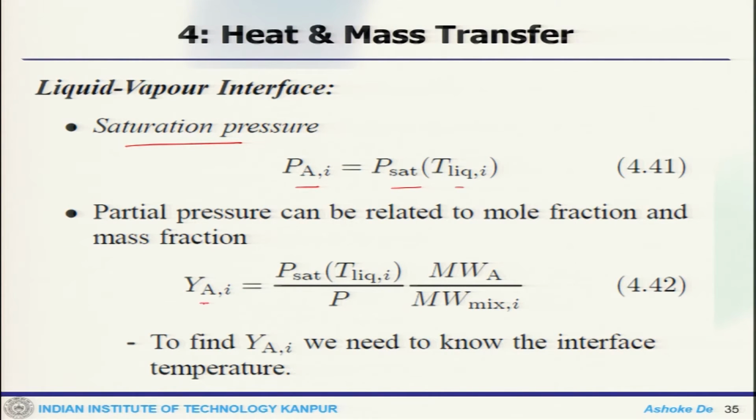So, mass fraction Y A I would be P saturation pressure of that liquid by P, times molecular weight of A by molecular weight of the mixture. So, to find out this Y A I, we need to know the interface temperature.